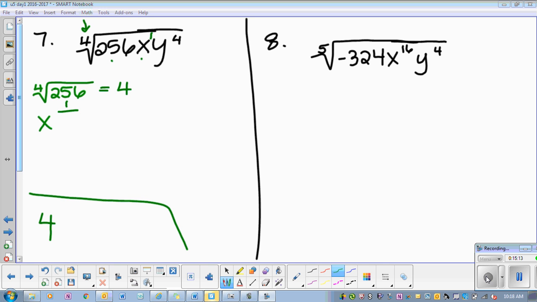Right? What is the root? 4. Okay, 1 over 4, I can't simplify and get a nice, pretty whole number, right? So I'm going to think about this. If I have 1x, can I get a group of 4? No, you don't have enough. So it has to stay inside. Okay?